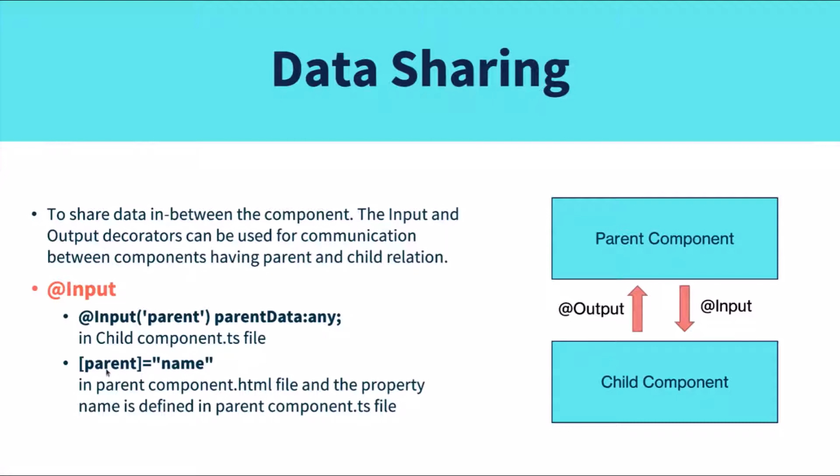While in that HTML where we give our app component's HTML tag, there in that HTML tag, we can add this property to connect these two variables. This was the way we use @Input decorator to transfer the data from parent component to child component. Now let's have a look at how we can do the reverse of that using @Output decorator. So let's go to the next slide.